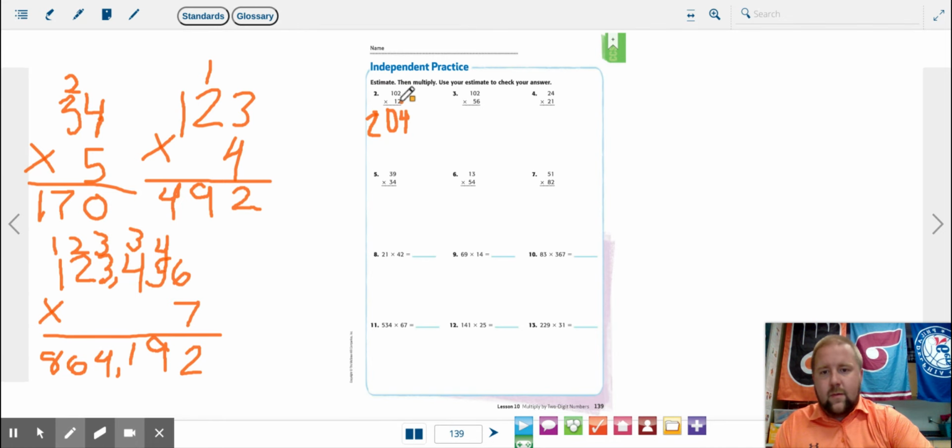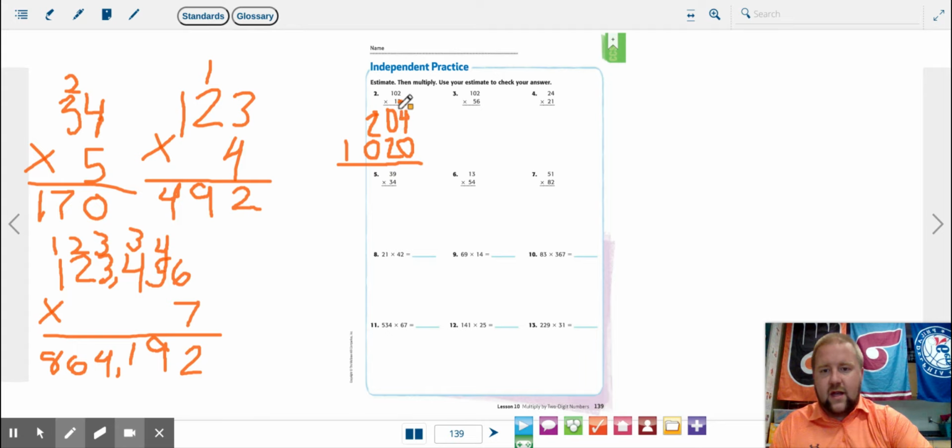So we already multiplied by the 2, so I'm going to get rid of the 2 now. And when I get rid of that 2, I'm going to put a little 0 here because we're now multiplying in the tens place. So our answer is going to start in the tens place, right? So now we're going to take this 1 and follow the same pattern where we multiply the 1 by everything on top. So 1 times 2 is going to be 2. 1 times 0 is going to be 0. And then 1 times 1 is going to be 1.